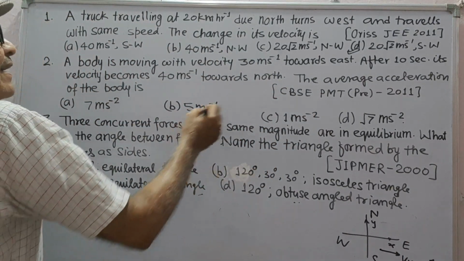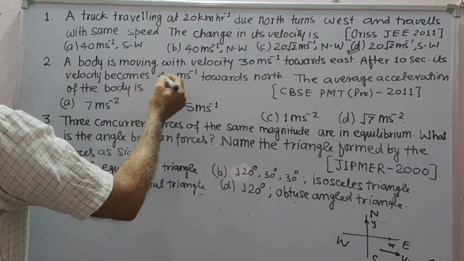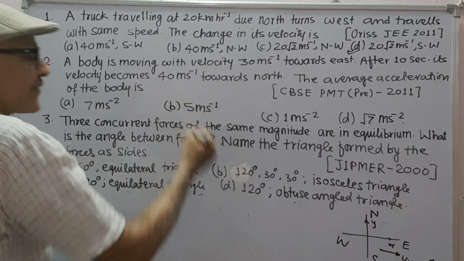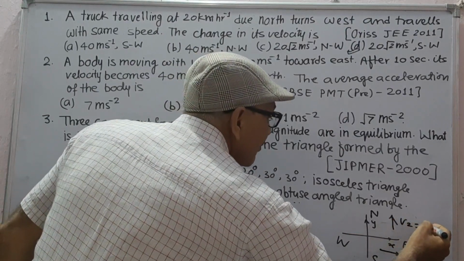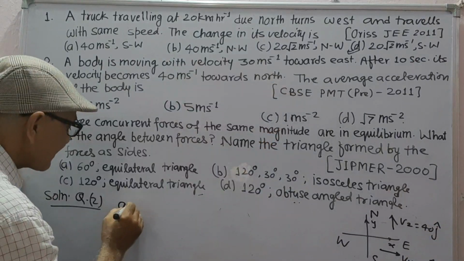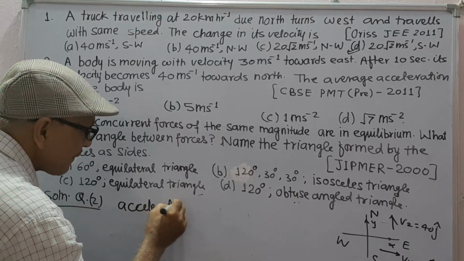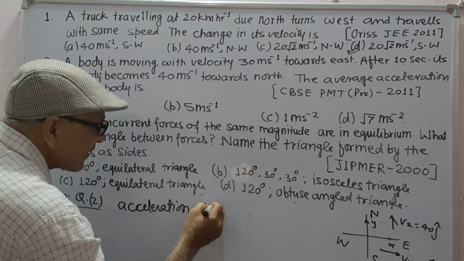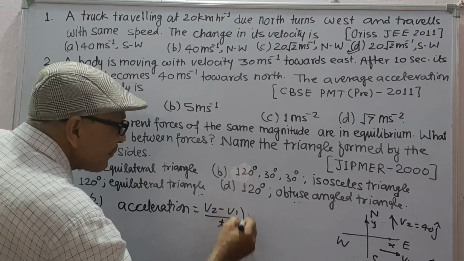Then after 10 seconds its velocity becomes 40 meter per second towards north. v2 is 40 j unit vector. Acceleration will be equal to velocity change upon time taken.